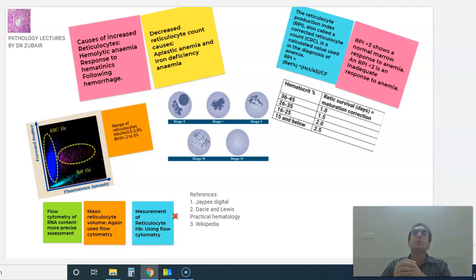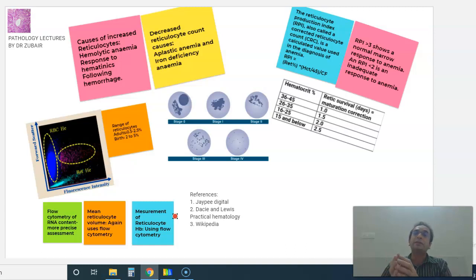Reticulocyte count is an important basic examination tool in the diagnosis of hemolytic anemias, and it is done with supravital stains such as new methylene blue and brilliant cresyl blue.